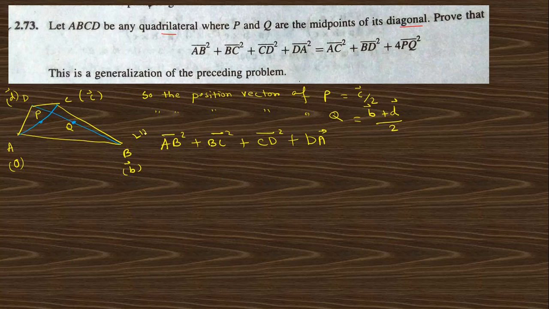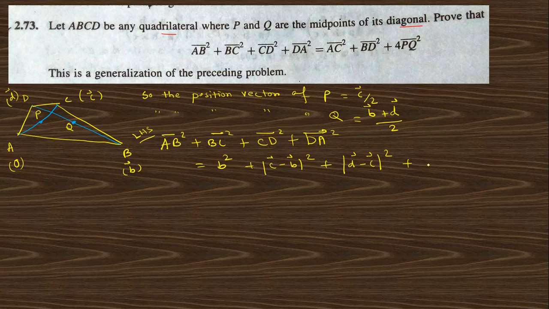this is equal to AB squared. AB means the length is b, so this is b squared. BC is nothing but the c vector minus the b vector, whole mod squared. CD means the d vector minus the c vector, whole mod squared, and DA squared.